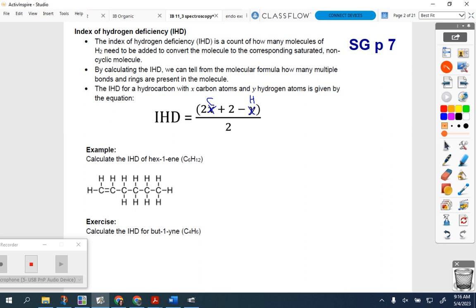For example, we have here C6H12. In this case, it's hex-1-ene. This is something that I also don't think I went over sufficiently. It's in the nomenclature packet I gave you and in the key that I already posted for that.